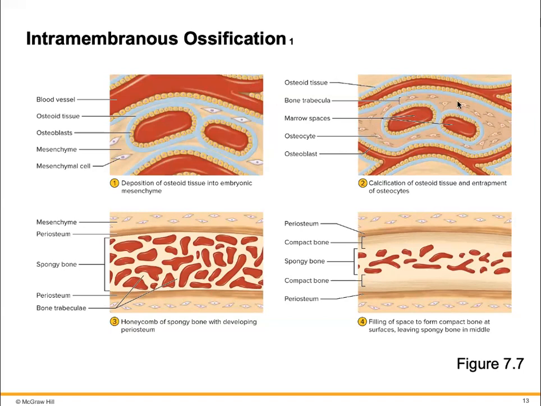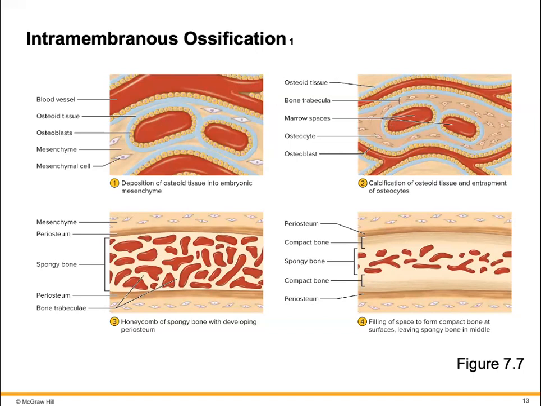So at this stage, you are starting to see the bone trabeculae, or the extensions of the bone that are connecting one area to another. And you keep getting this secretion of your osteoblasts and its material getting trapped, and then continuing the process.